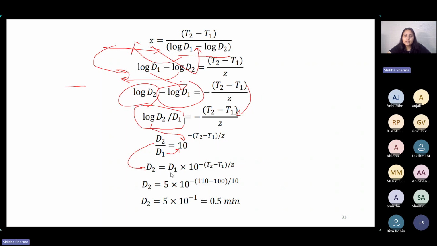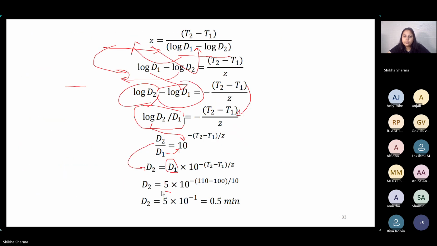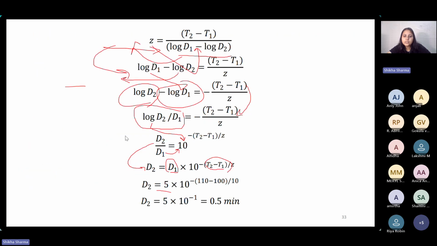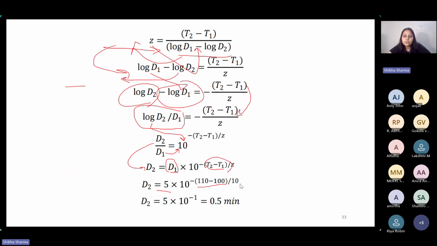Then we know that the D1 value is 5 minutes. So 5 into 10 to the power minus (T2 minus T1) upon Z. T2 is 110 degrees Celsius and T1 is 100 degrees Celsius, so 110 minus 100 degrees Celsius, divided by Z. The Z value is 10 degrees Celsius, so here I can write 10.